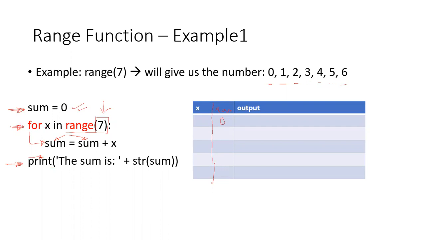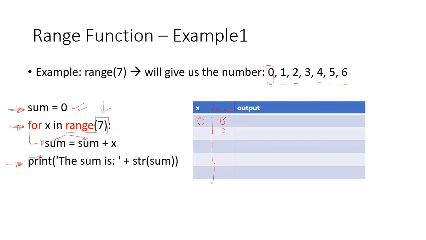And it's going to start taking on each of the values. The first value that it takes on is 0. So X is going to be 0. Sum equals sum, which is 0, plus X, which is 0. So sum still remains at 0. And we don't go to the next statement because I'm still busy inside of the loop.